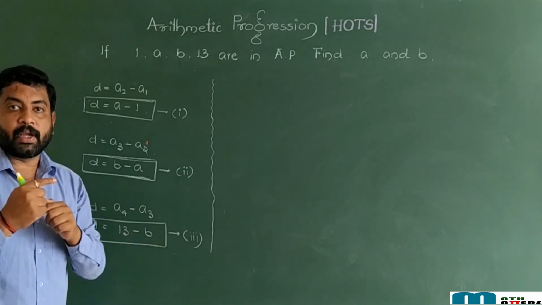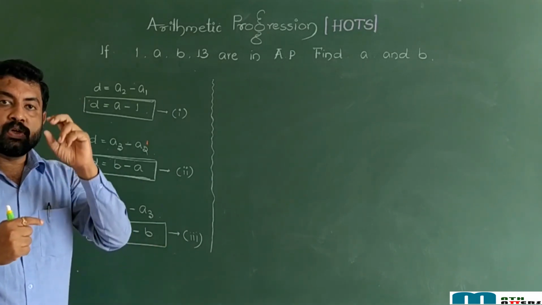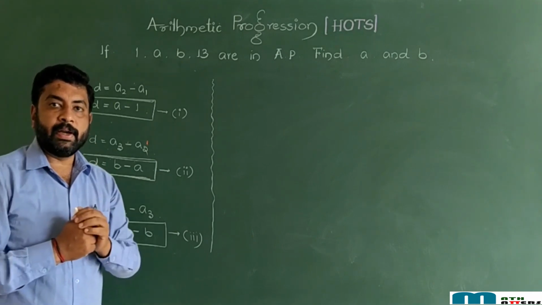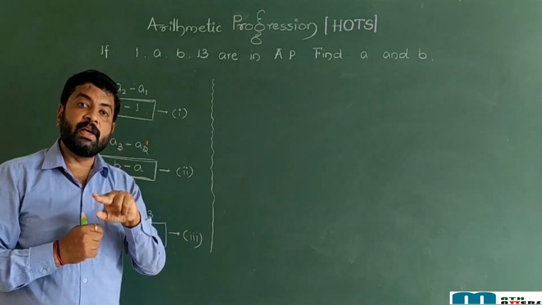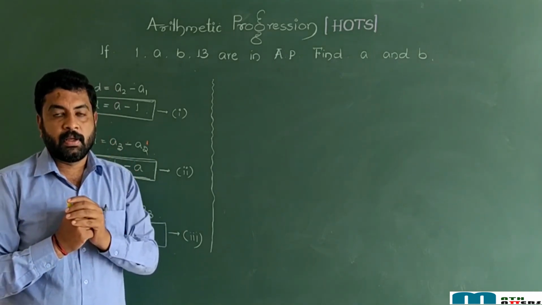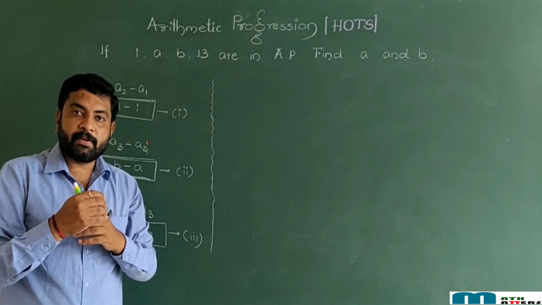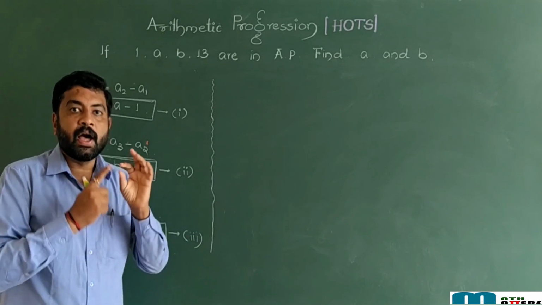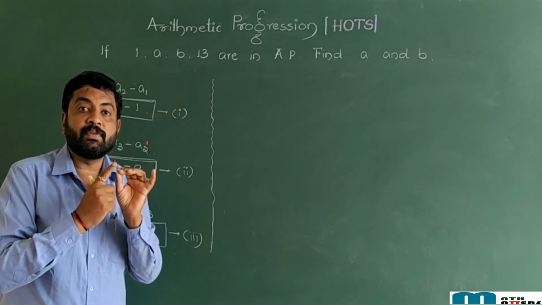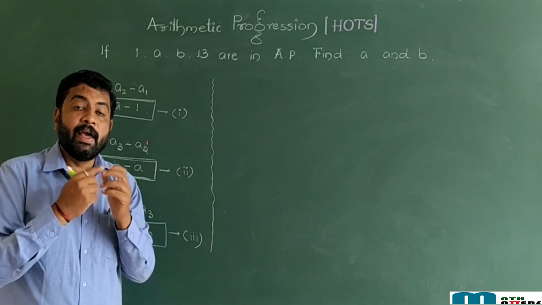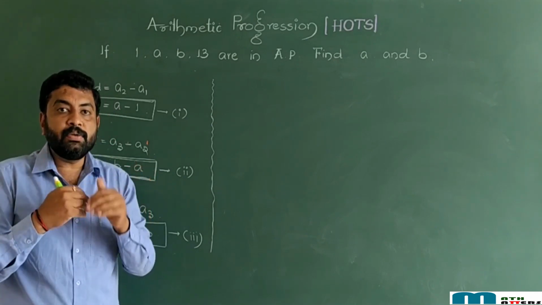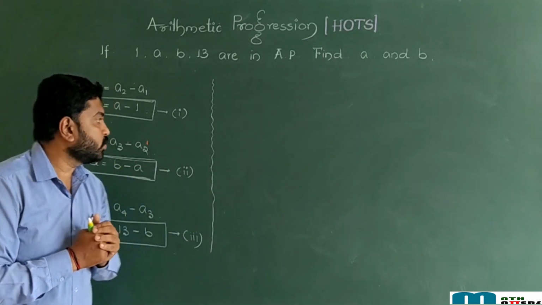I'll get one more equation, so totally two equations I am going to get. Those are a pair of linear equations in two variables. There are three methods to solve it. You are quite familiar with it. One is substitution, another is elimination, and the third is cross multiplication. Elimination is quite simple, I need to use that. Okay, let us proceed to solve this.